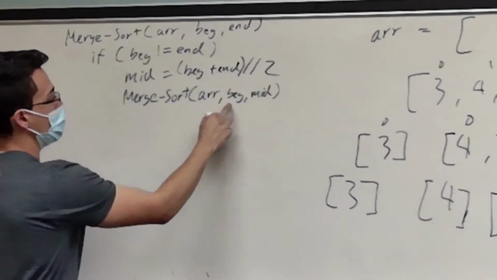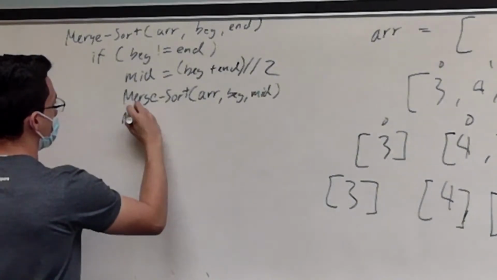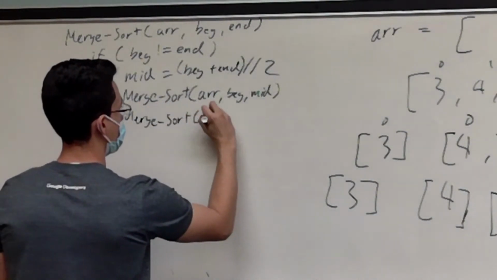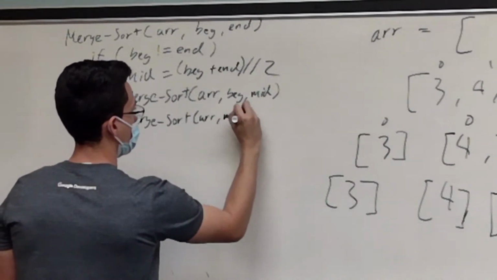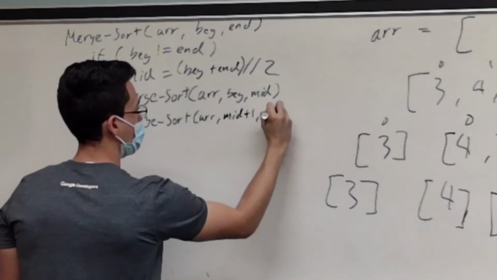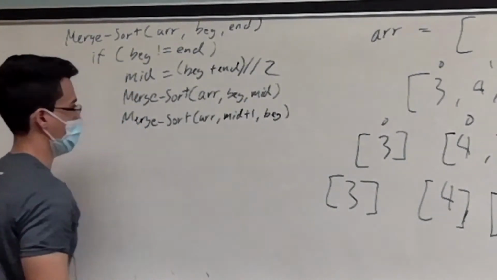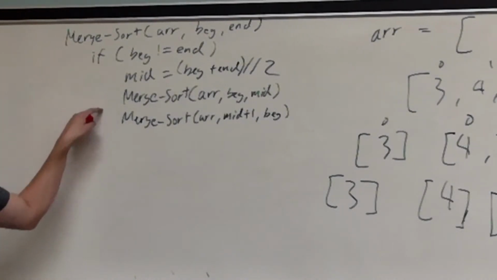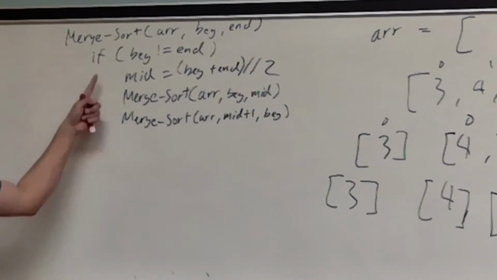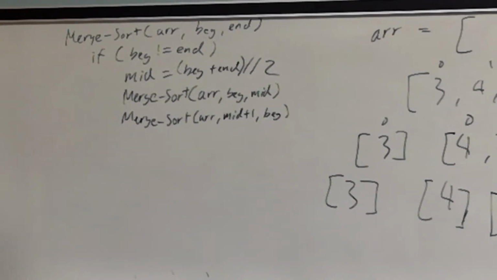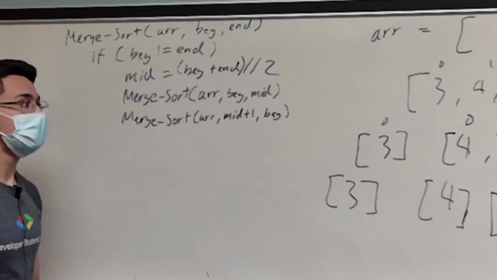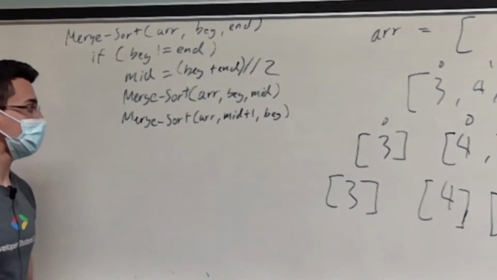Okay, so merge sort is R beginning mid. We have questions about this part right here? What am I doing here, up to here? So is that the recursive aspect where it calls on itself? Mm-hmm. Exactly.